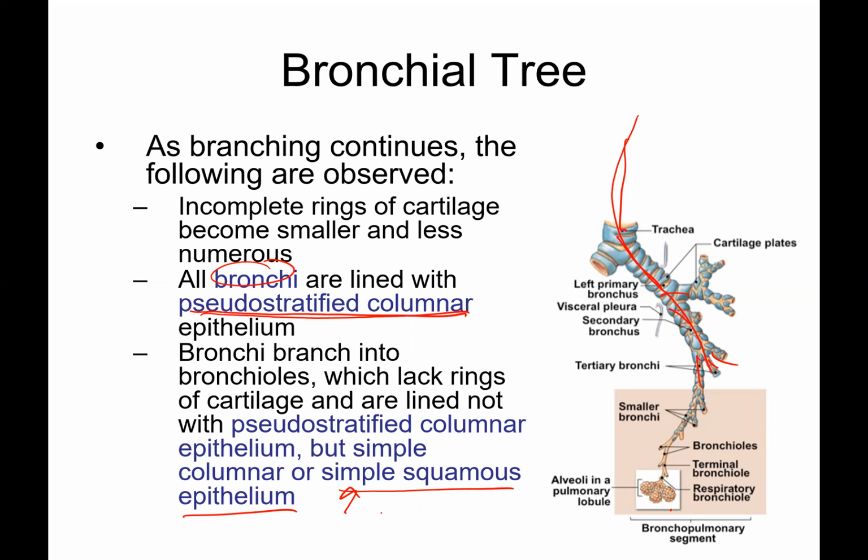So gases like to go nicely through simple squamous epithelium. The other thing, just to piggyback on the histology thing, tissues that are very thick, so you're stratified, those are usually for protection, abrasion resistance, things like that.